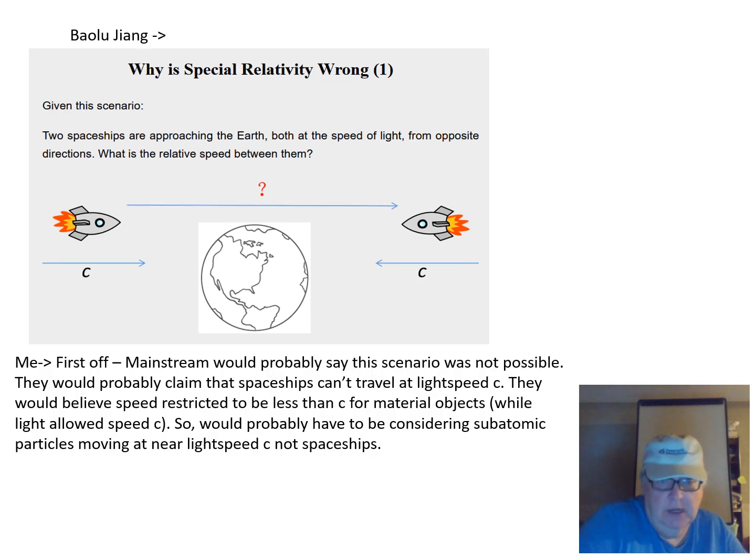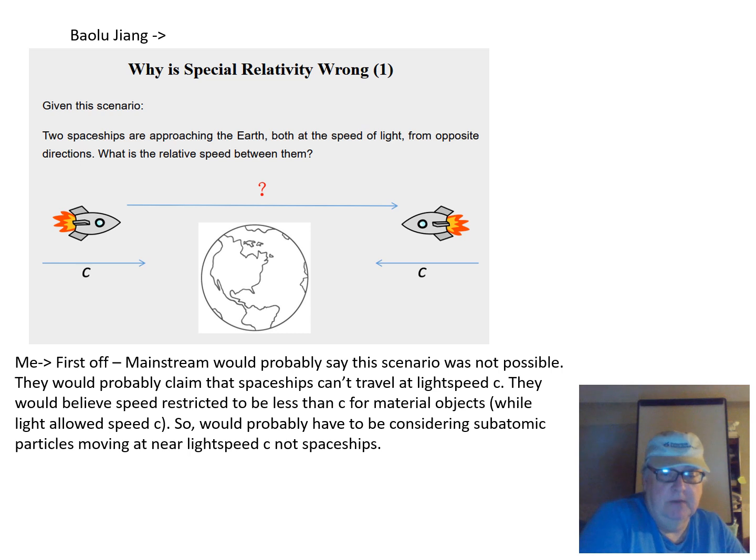So looking at it a bit more closely, first off, mainstream would probably say this setup was not possible. They would probably claim that spaceships can't travel at light speed c. They would believe speed restricted to be less than c for material objects, while light is allowed speed c.